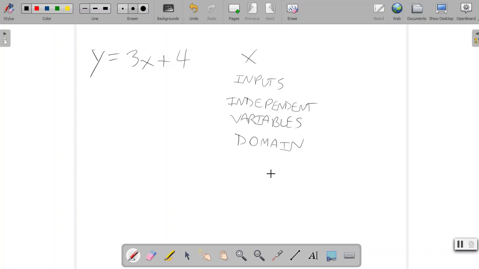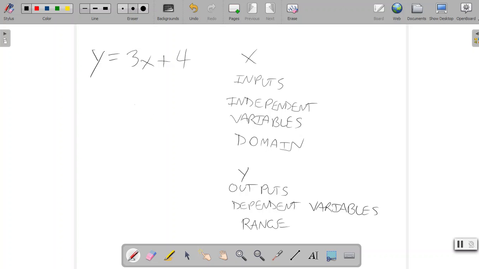The domain is the list of all the x's. So the y then logically stands for the outputs or the dependent variables, or the range.